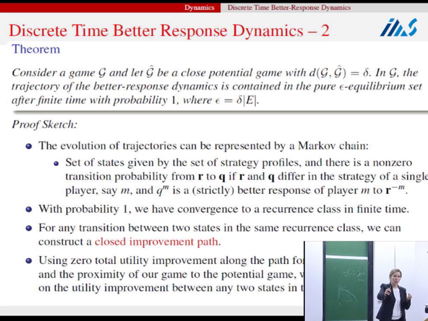And the transition probability will basically be given by the probability that that player is picked times the probability that he actually picks that particular strictly better reply. Okay? So that's just the Markov chain representation for the evolution of the trajectories.